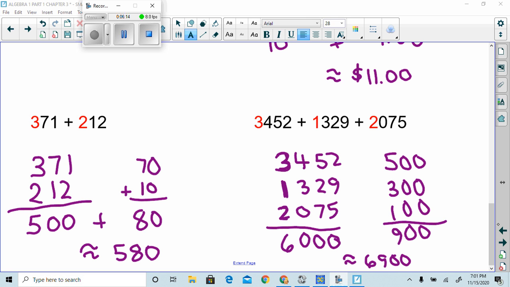So looking at estimation, we found that there were several ways that we could estimate: front end with the adjust, clustering, and lastly, the rounding. Again, whatever method works best depending on the numbers, and sometimes you'll be told to use one method, other times you'll choose the method that works best either for the set of numbers or what works best for you.